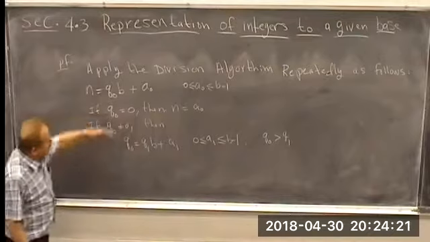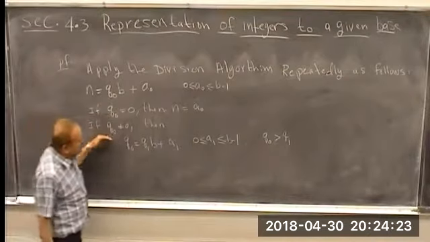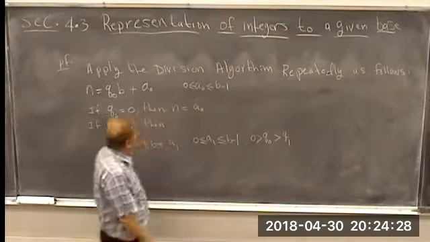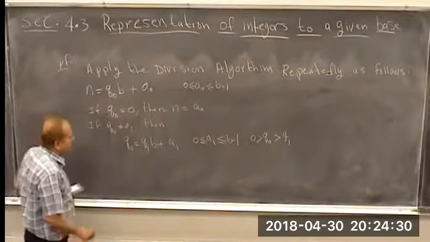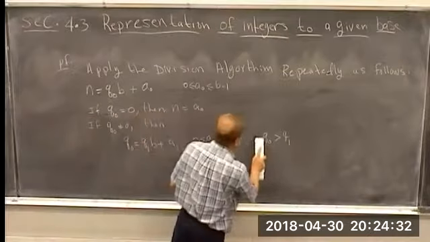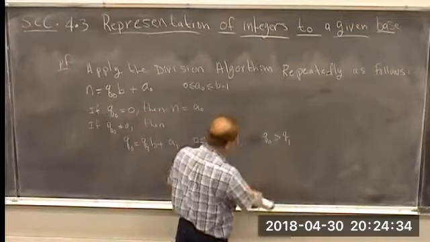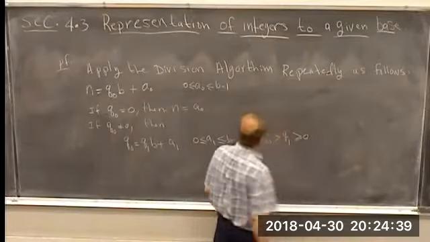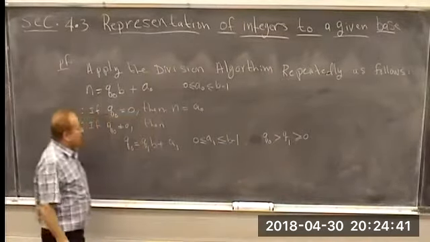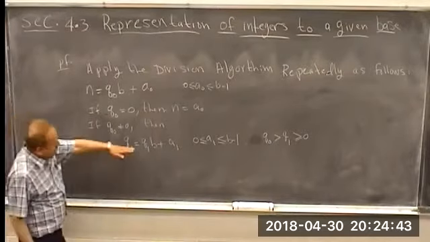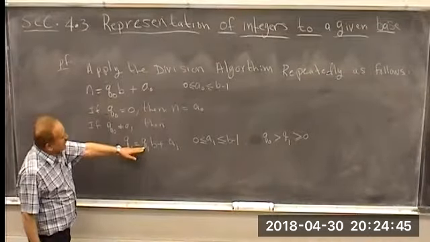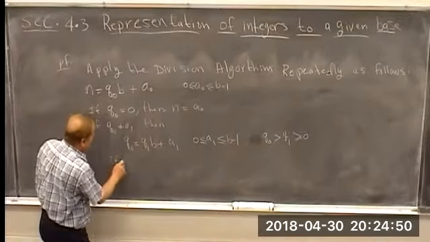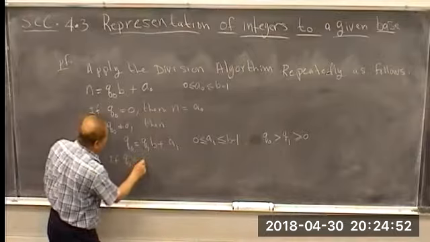Now, we proceeded to the second step because q_0 does not equal 0, but q_1 is bigger than or equal to 0 itself. All right, again, if q_1 happens to be equal to 0, we stop.